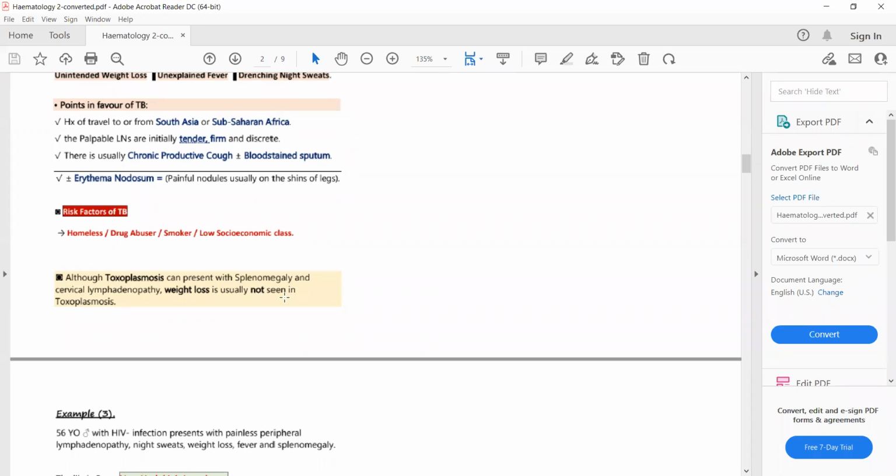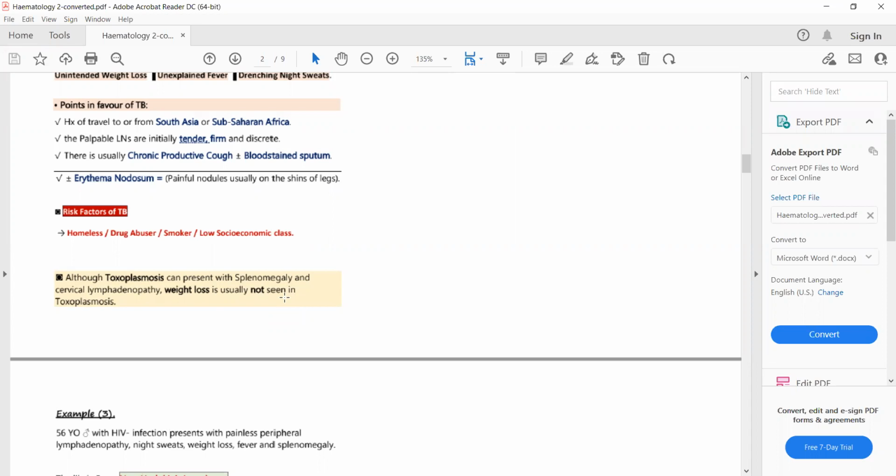HIV infection, can it be TB? Lymphoma. The lymph nodes are painless, so yes, it is lymphoma, Hodgkin lymphoma.